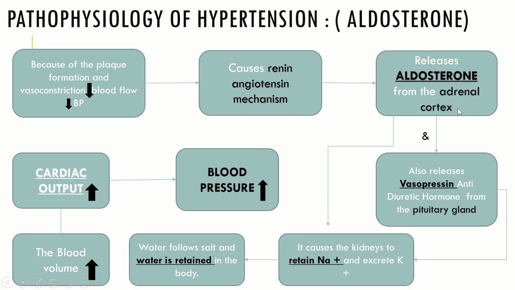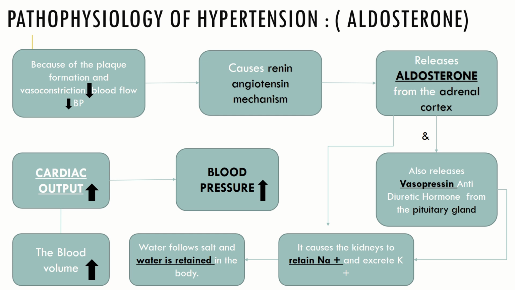So what happens? This release of aldosterone also causes the release of vasopressin, which is an antidiuretic hormone, from the pituitary gland. So when this mechanism takes place in the liver, the kidneys, and also the adrenal gland, it produces aldosterone, which also releases vasopressin from the pituitary gland.